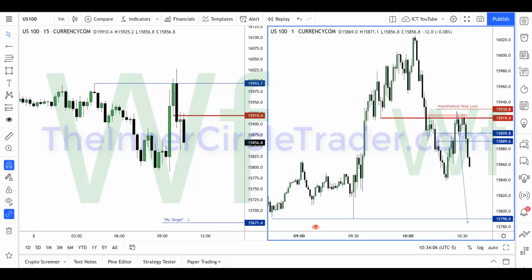And if I get the opportunity to do it, well, I may not do it now because it just took out that short-term low on the 1 minute chart, just above the 15,860 level. So the chances of it returning back to that fair value gap now before running out the relative equal lows is very, very slim. In fact, I would not want to see it go back up to 15,089 at all before running out the lows at 15,790.